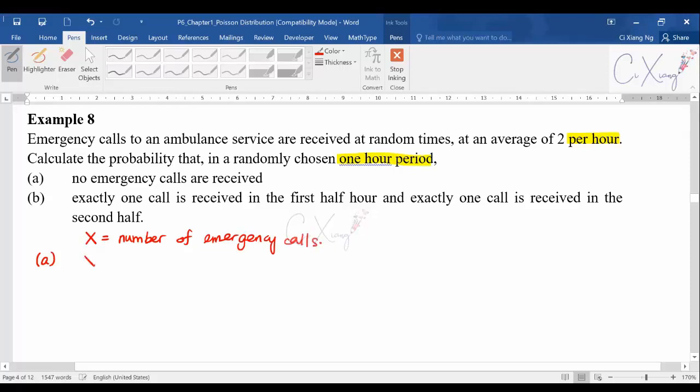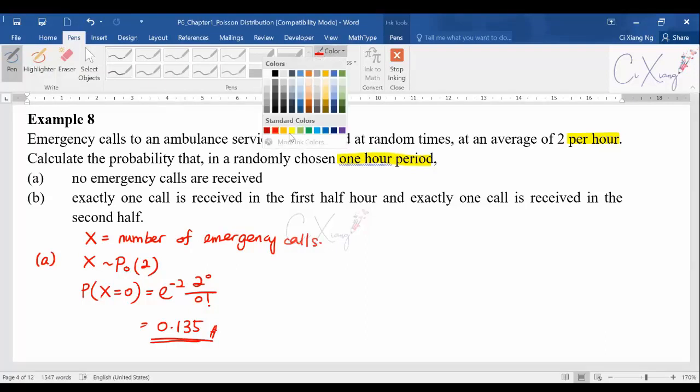X is Poisson distributed with the mean 2. They say no emergency call is received in 1 hour, so X equals 0. So e^(-λ) λ^0 divided by 0 factorial, and you get 0.135.